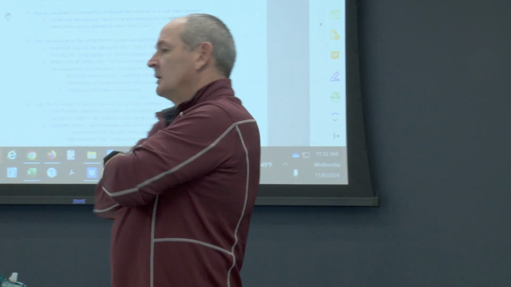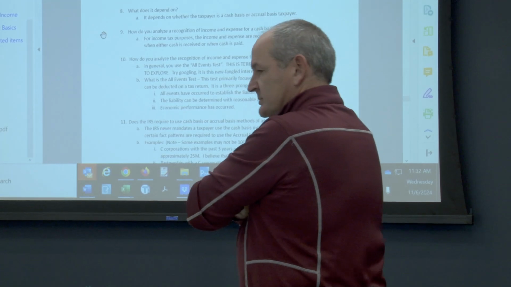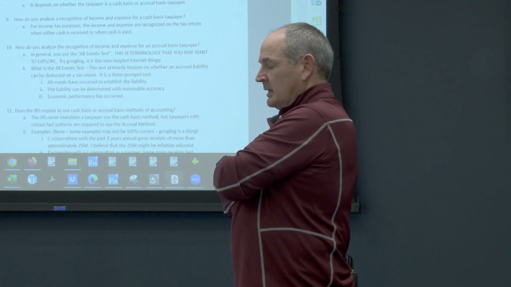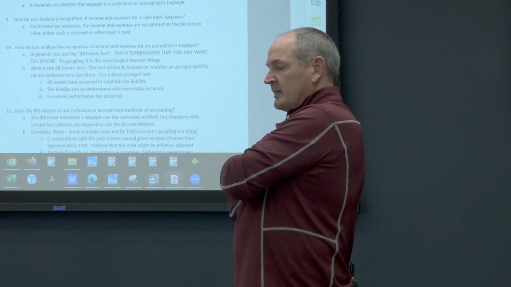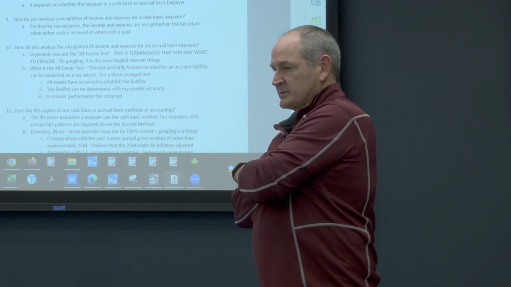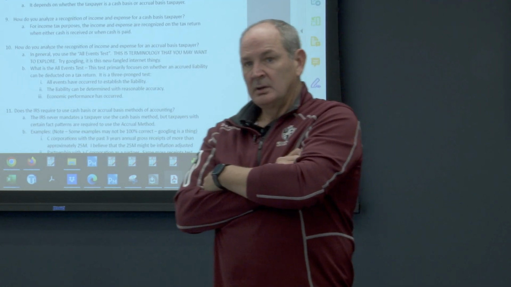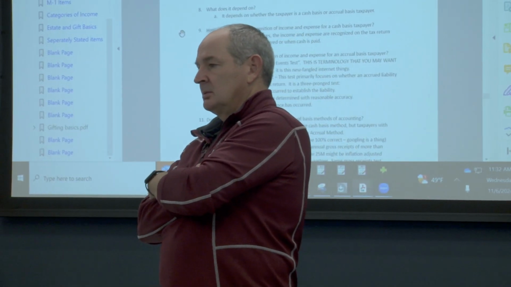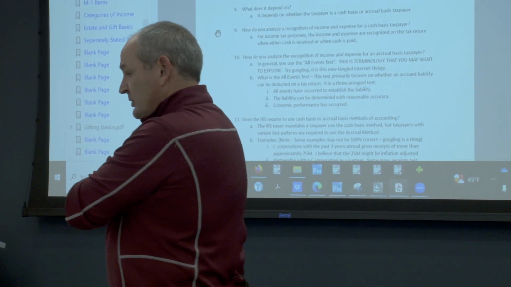Stupid question, Carter. If you do business for me and charge $10,000 for that service, your GAAP financial is going to say how much money did you make? 10,000. How much money did you receive?